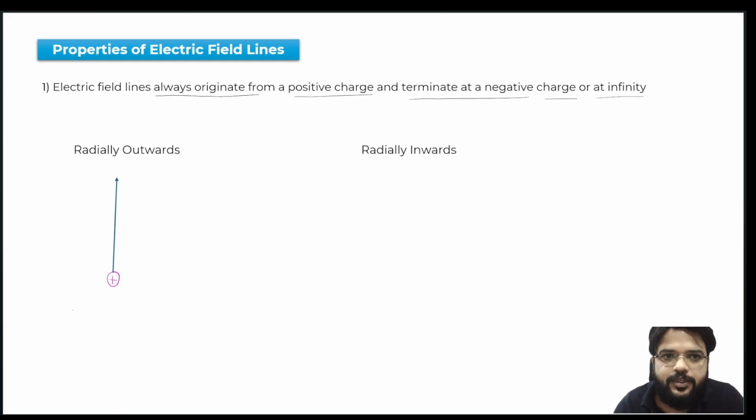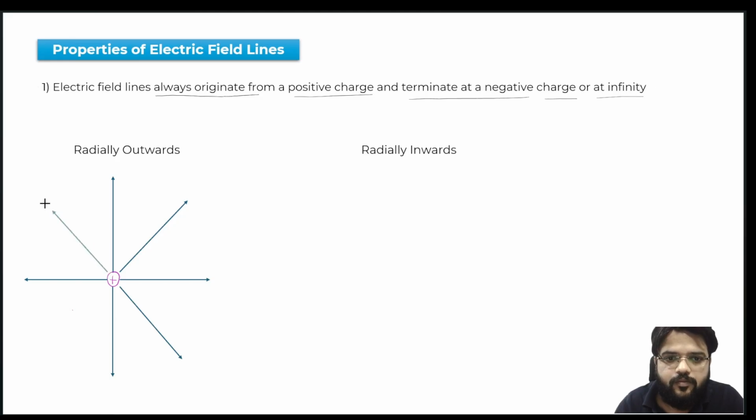So we have one positive point charge. So these are electric field lines, everyone. And these electric field lines go till infinity.